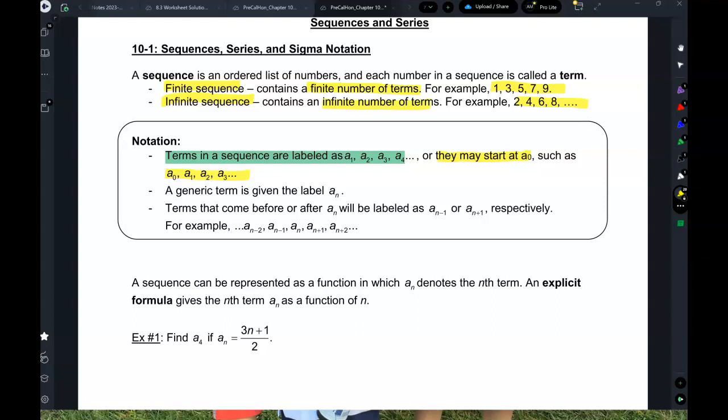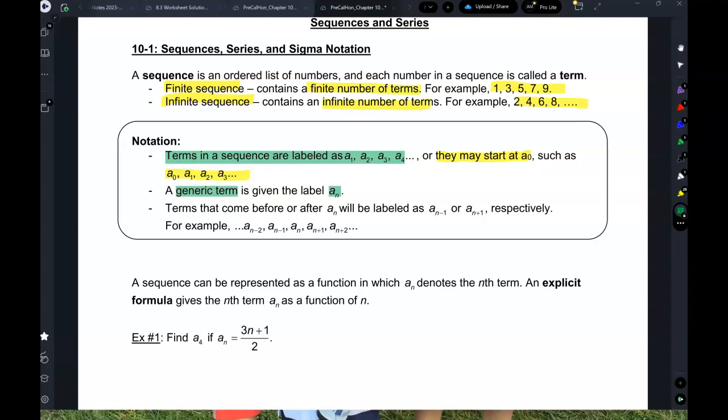Now a generic term is given the label a sub n. If in this initial list that 5 is a sub n, the one right before it is a sub n minus 1, right? So for example, if this is the third term, this is 3 minus 1, the second term.